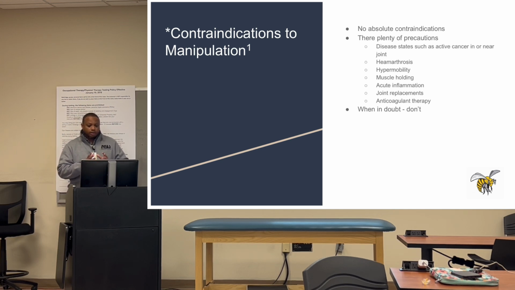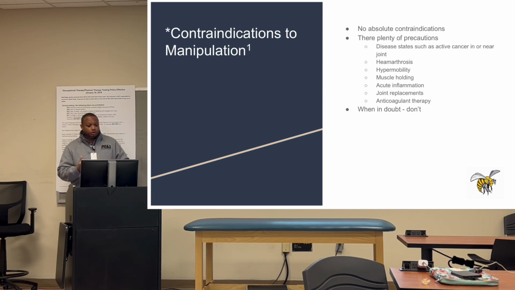Muscle guarding: again, with muscle guarding, we want to stay away from doing the manipulation, right? Because what are we going to do with that muscle tendon unit before we do the joint mobilization? We want to do some soft tissue work to relax it, get that muscle in a more relaxed state, or to get the muscle down regulated, to make the muscle more extensible.